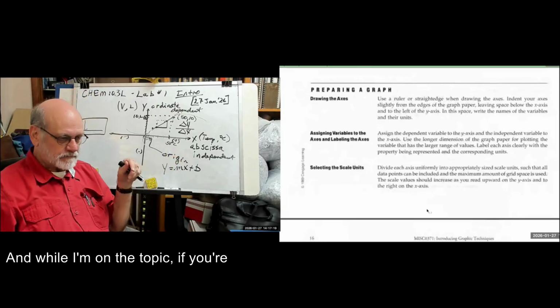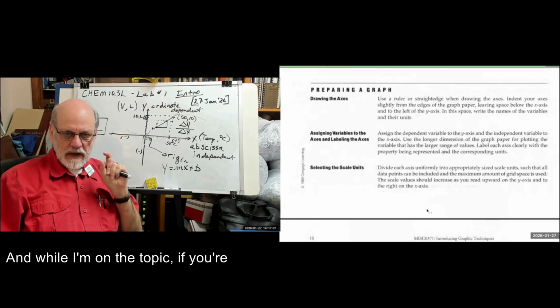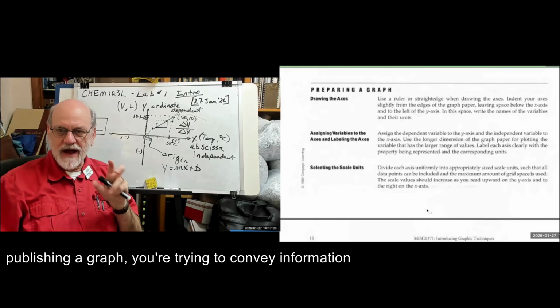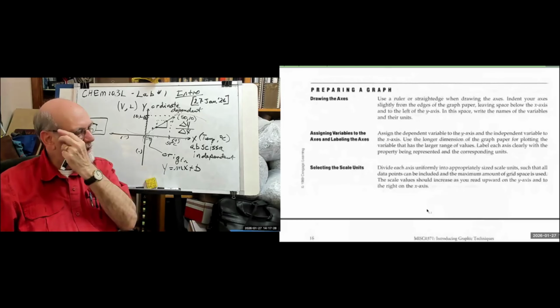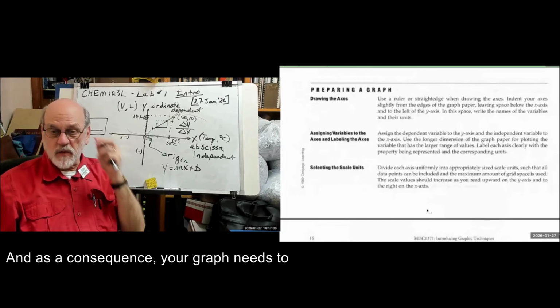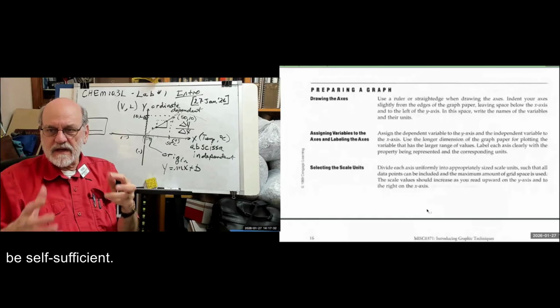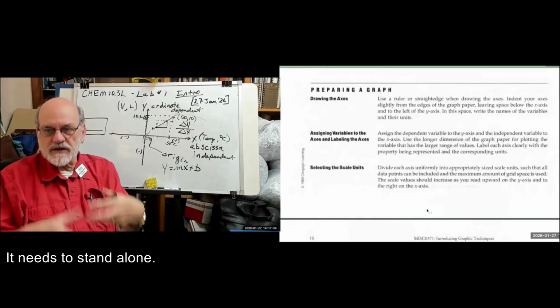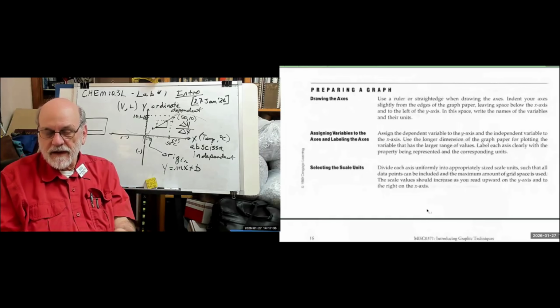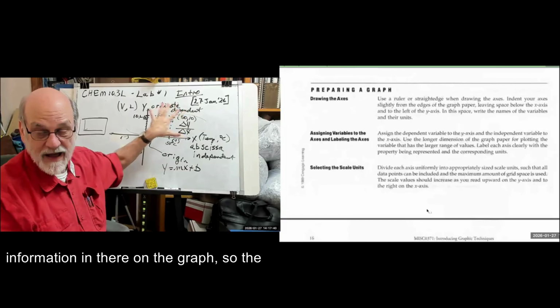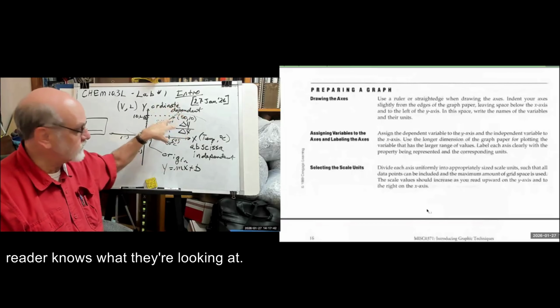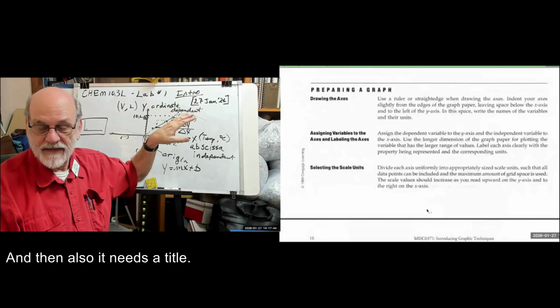And while I'm on the topic, if you're publishing a graph, you're trying to convey information to your reader. And as a consequence, your graph needs to be self-sufficient. It needs to stand alone, which means you've got to put all this information on the graph so the reader knows what they're looking at.